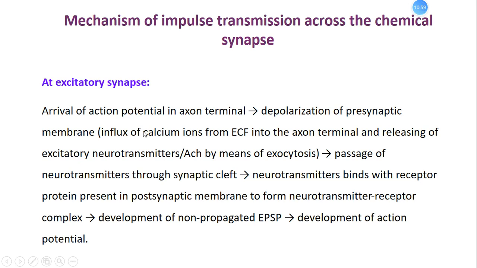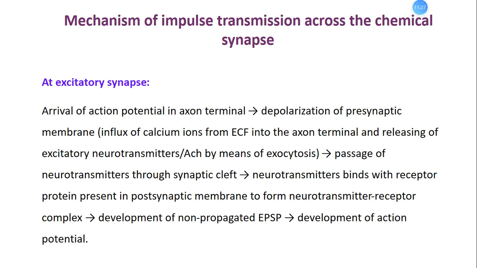The mechanism is that it is depolarized because of the influx of calcium ions from the ECF into the axon terminal, and the release of excitatory neurotransmitters such as acetylcholine by means of exocytosis. After it is released, it goes into the synaptic cleft.